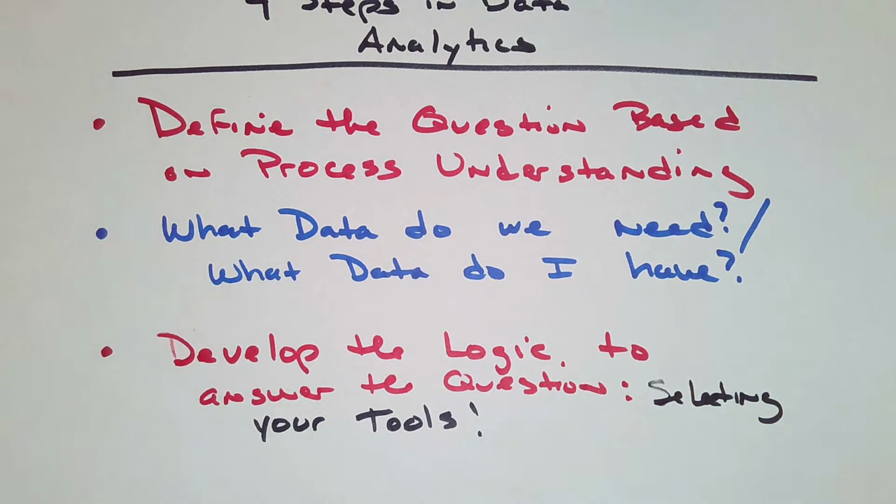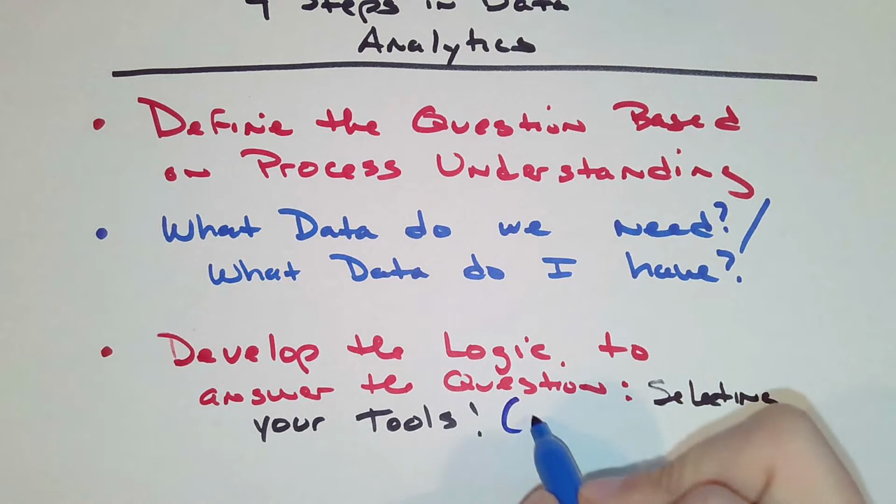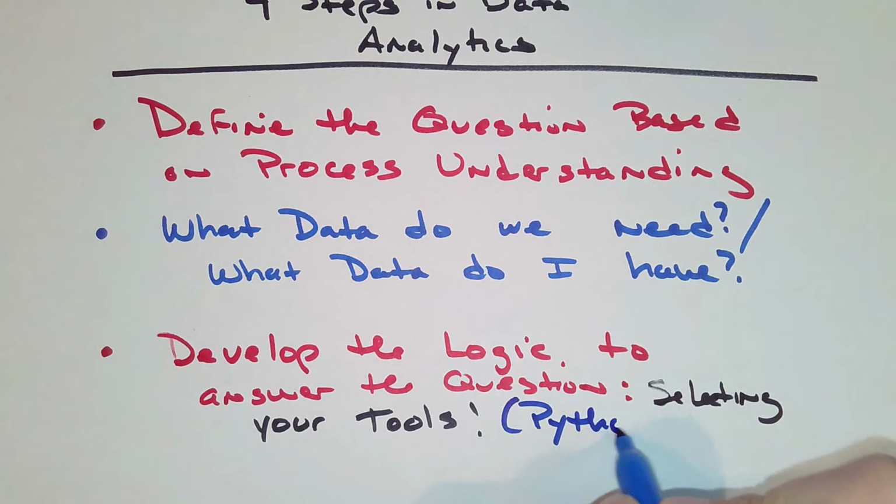In this class, our default is going to be selecting Python. So this is a Python tool class. And we're going to force ourselves to use Python. What we may find though, and this is what I want you to always be reflecting on, the question you may come up with may not need Python. You could use something else.